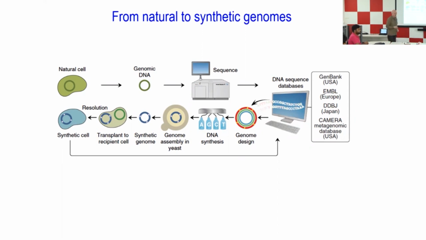But how does the yeast know how to make? Because we are only putting the individual DNA pieces. No, but in the genome what you have is a yeast origin of replication, just a little part in the whole genome, and this is the only thing that yeast can recognize in the whole DNA sequence.